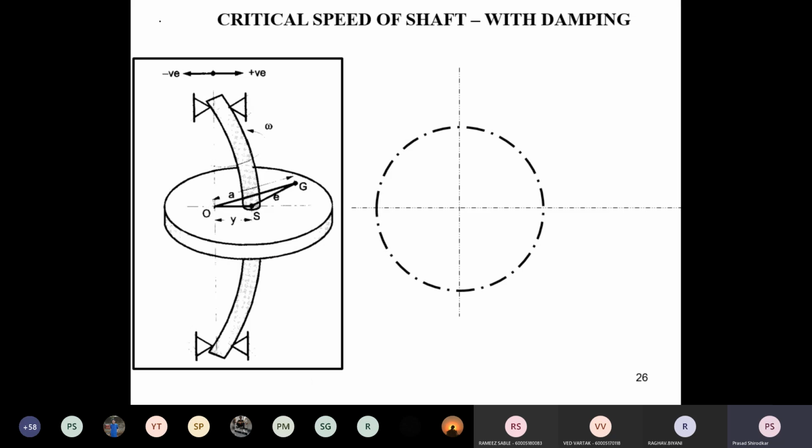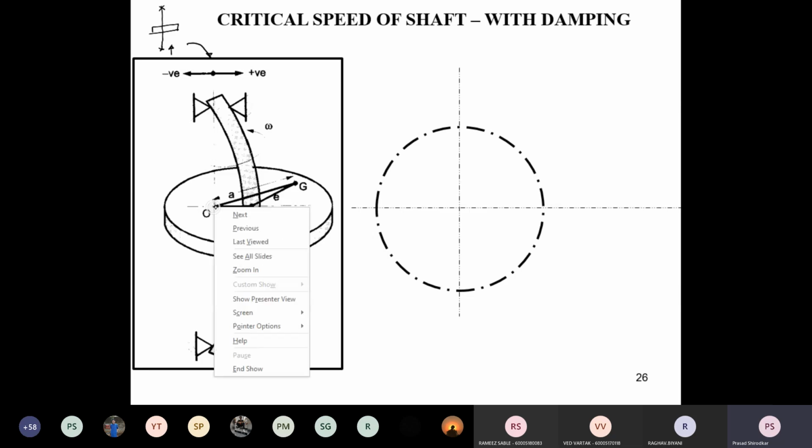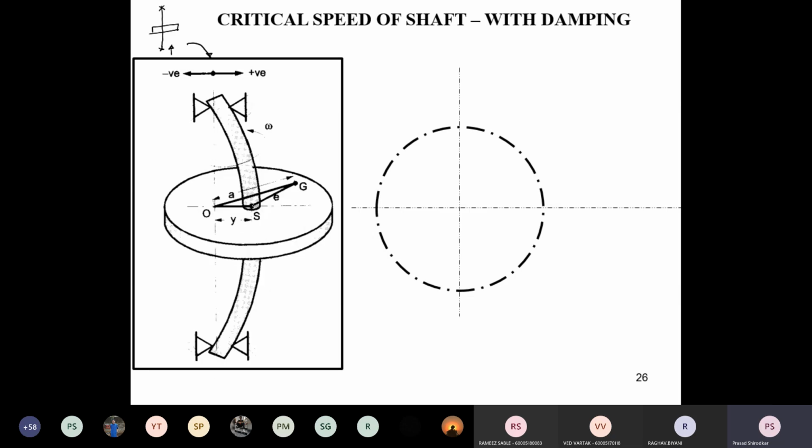When the shaft is at zero speed, not moving, the rotor is in this position, the initial position. Now, as the shaft starts to rotate, the position of O shifts to S. The center of the disc is now located at point S.